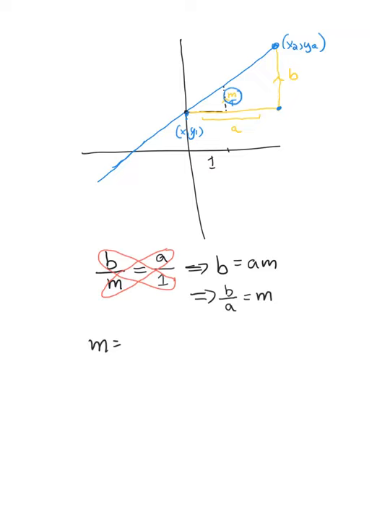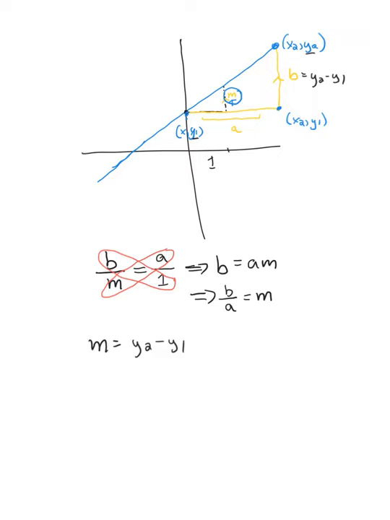So the length here is y2 minus y1. It's the difference in the y coordinates. And this corner point here is the point x2, y1. So that might help you see it a little bit better.